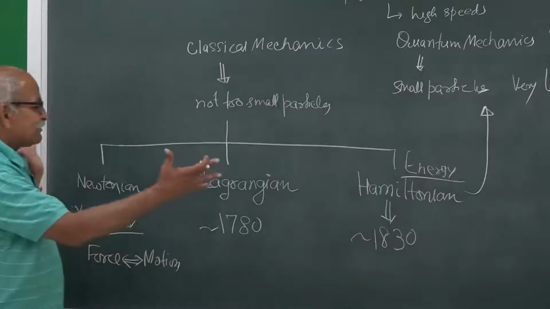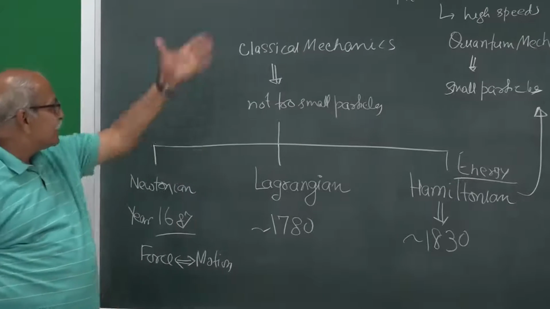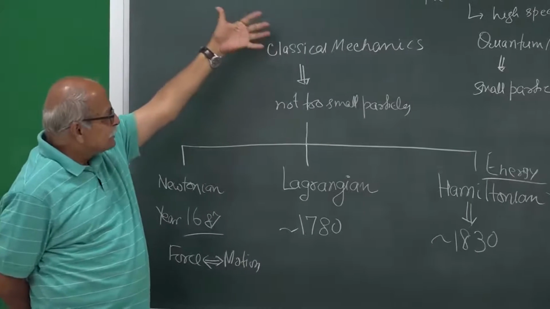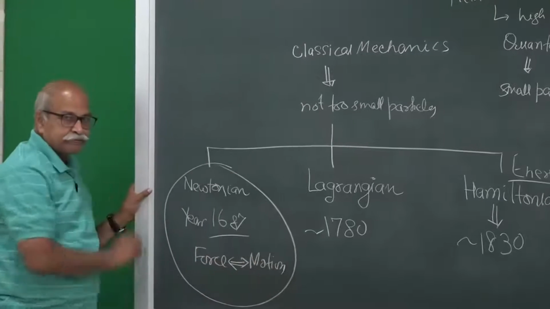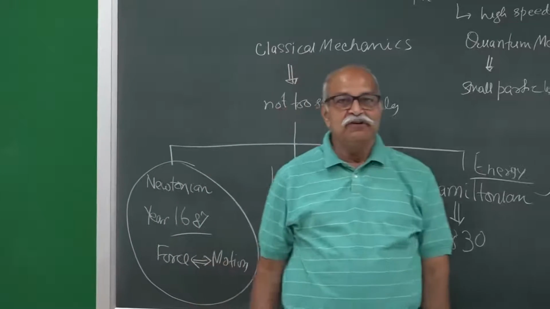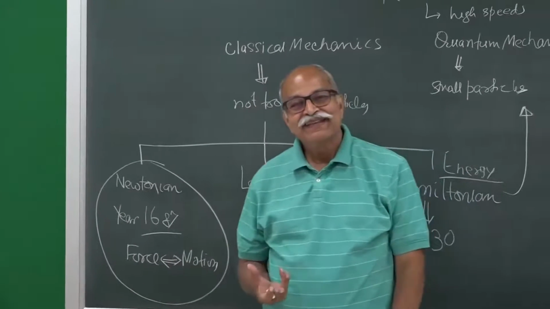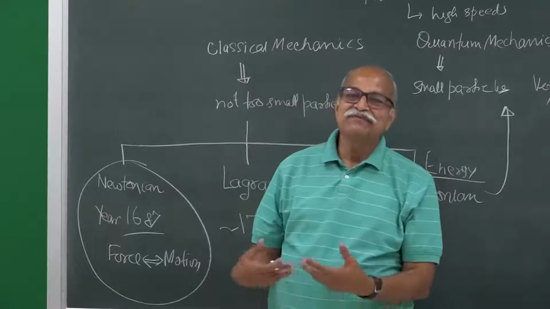So, these are the kind of things that we do in the name of mechanics and classical mechanics. In this particular course, we will be talking of Newtonian mechanics. We will be talking of a single particle system, the forces acting on it, and how it moves.